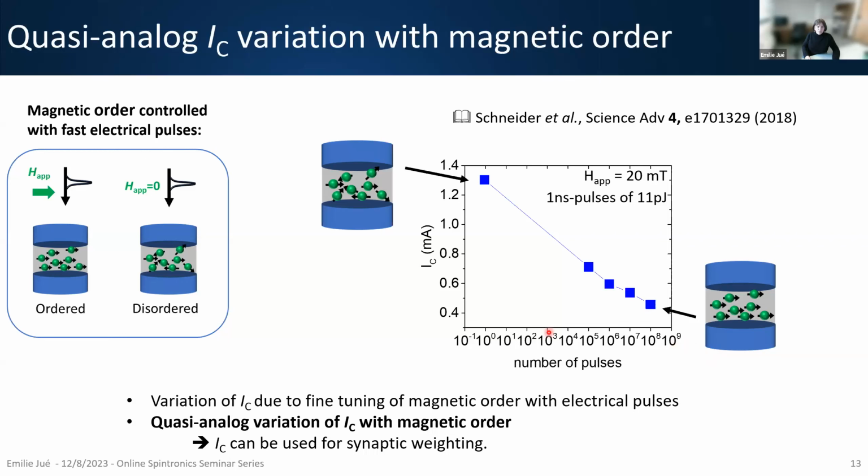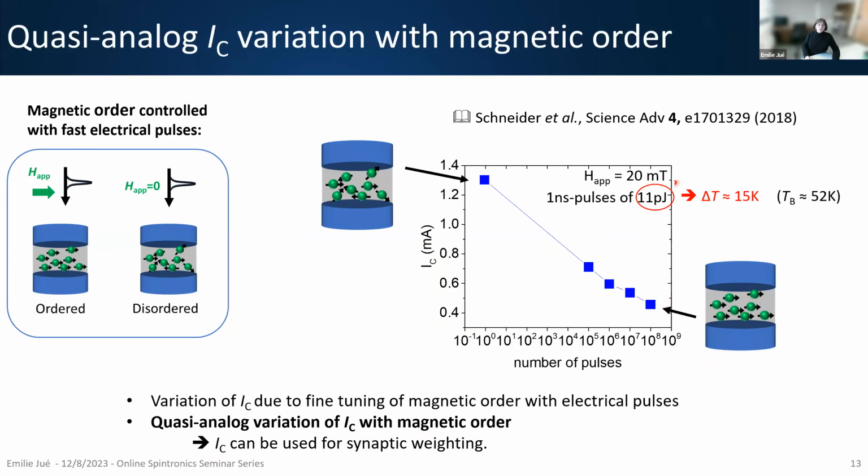Interestingly, we see that we don't obtain only a low and high value of critical current, as I showed before, but now we observe also some intermediate values of critical current that give us this quasi-continuous variation of the critical current with the magnetic order. So this result is very important here because it is this property that's going to allow us to use the critical current as a synaptic weighting.